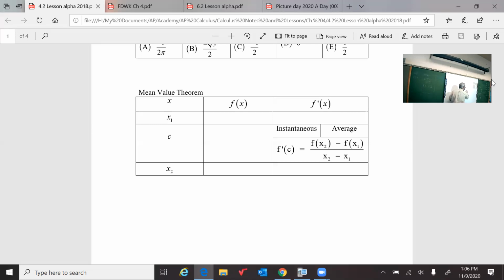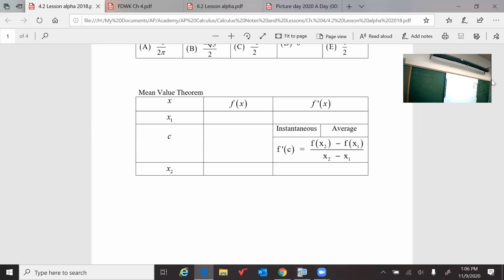The instantaneous change would be the value of the derivative at this point between those two values. And at some point in the interval, they're the same. The instantaneous change, what's on your speedometer at that moment, equals the average change.